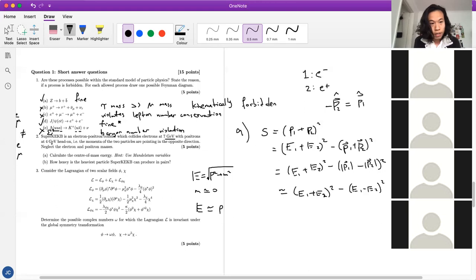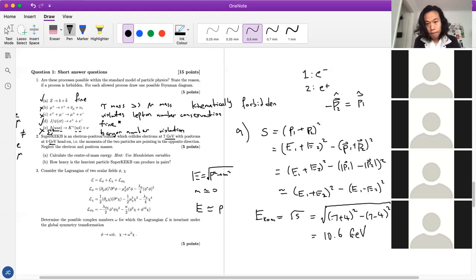E1 is 7 GeV and E2 is 4 GeV, and I can just plug it in. So the energy at the center of mass is equal to the square root of S. So that's the square root of (7 plus 4) squared minus (7 minus 4) squared. So that equals, not 11, 10.6 GeV. And that's the center of mass energy.